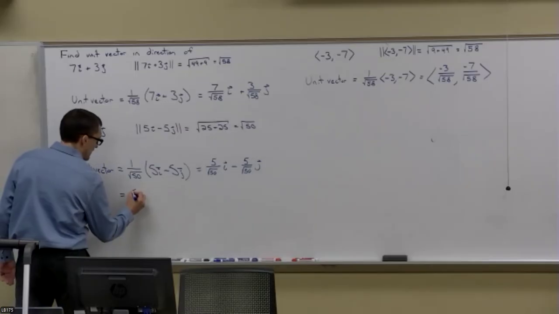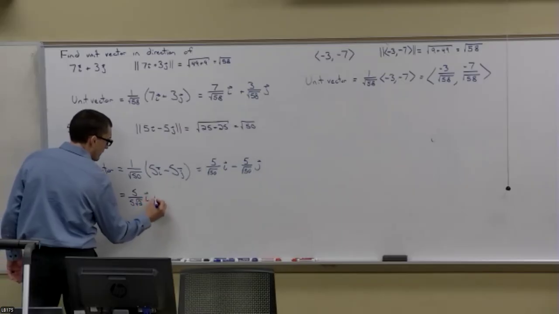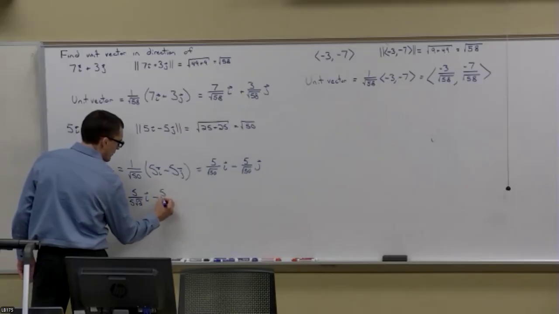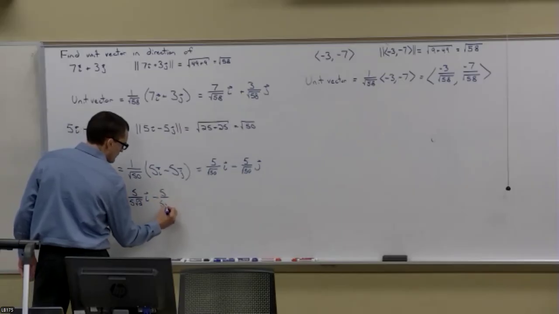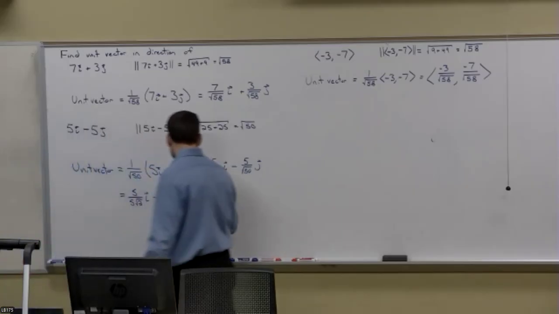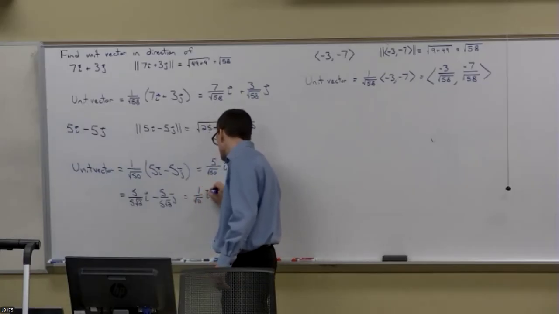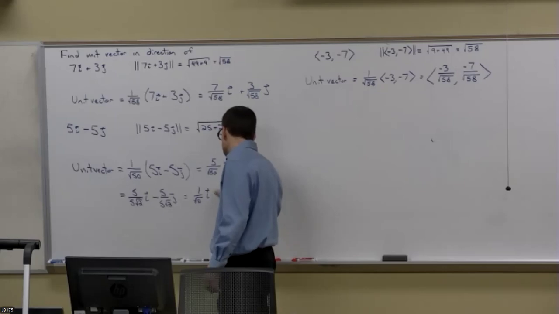So this is like 5 divided by 5 times the square root of 2, i, minus 5 over 5 root 2 j. 5s will cancel out. You get 1 over the square root of 2 times i minus 1 over the square root of 2 times j.